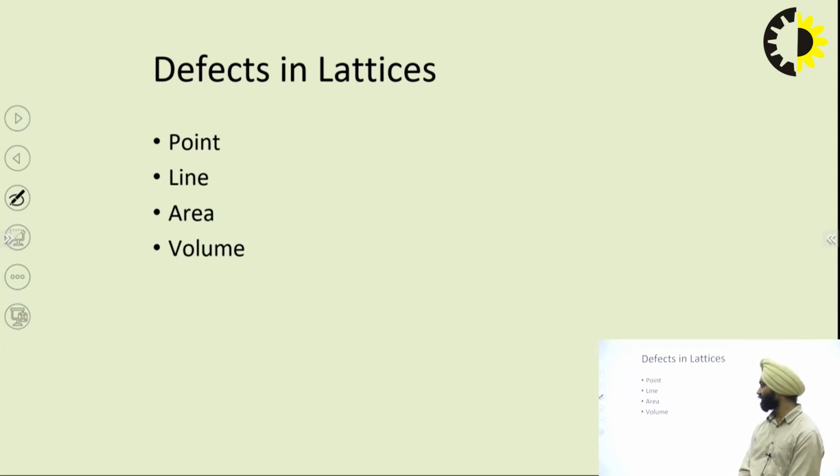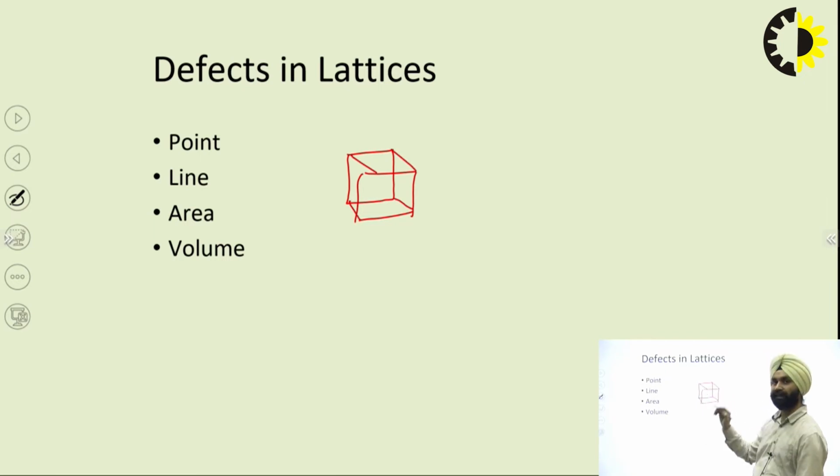If this is a basic lattice that has been formed, it has 8 atoms: 1, 2, 3, 4, and behind the plane there are 4 atoms, 1, 2, 3, 4. If one of these atoms is missing, then different defects will be created.